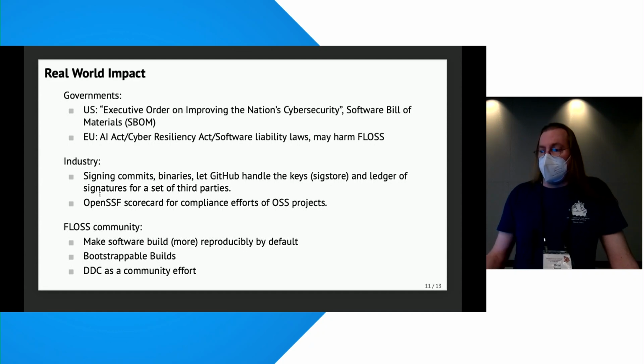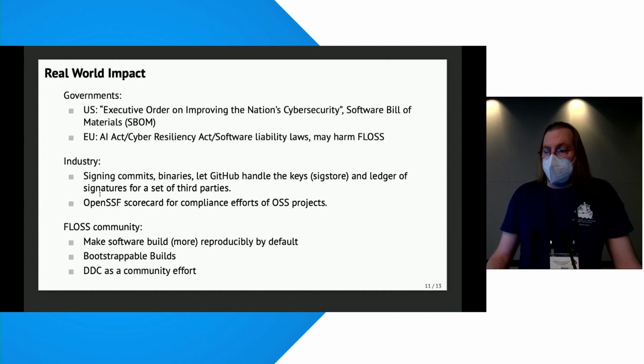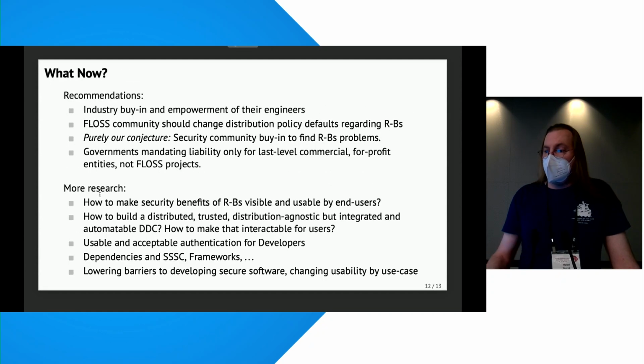You might have heard of SIGSTAR, which is a ledger that gets audited by some trusted third parties. The OpenSSF scorecard, which is for compliance efforts. And the Floss community itself, well, they're working on building things reproducibly, on bootstrapping builds from very tiny binaries, and making the diverse double compiling a community effort that users can inspect.